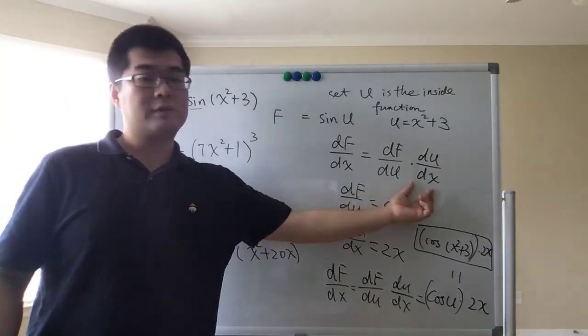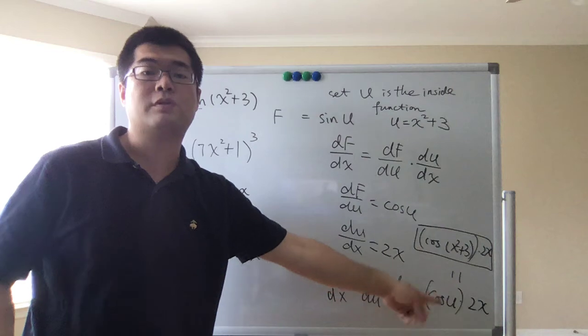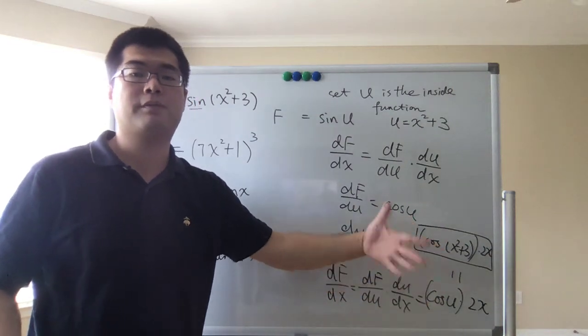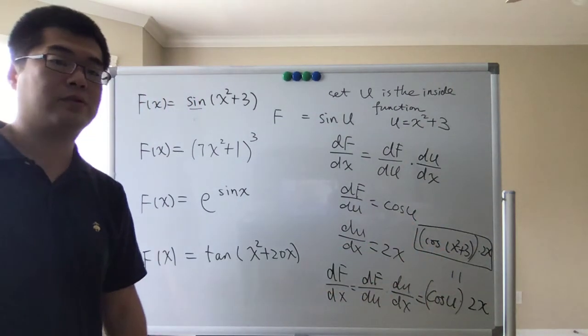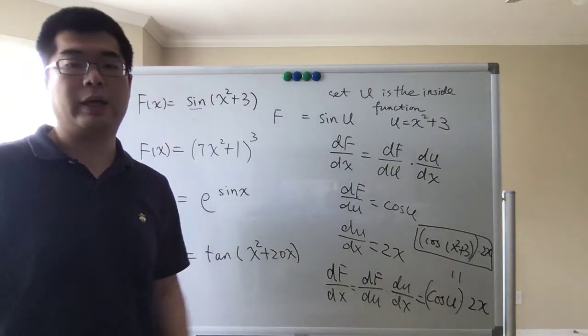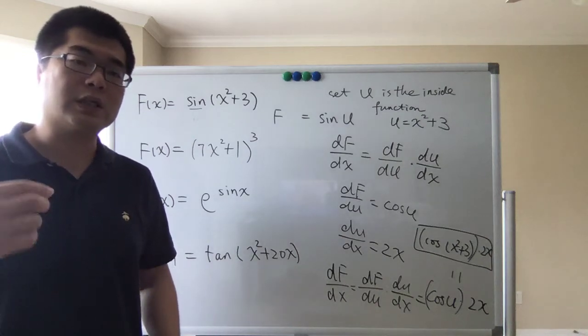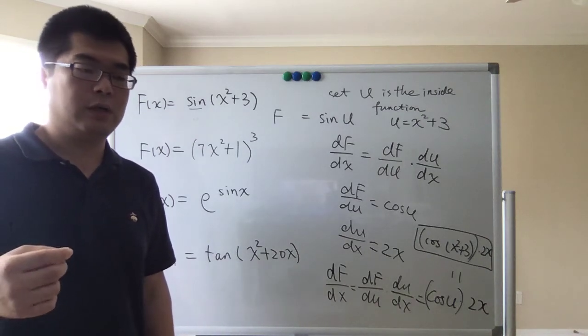So this part and this part are very easy to handle. And then you substitute u back with x squared plus 3, and you still get the answer.